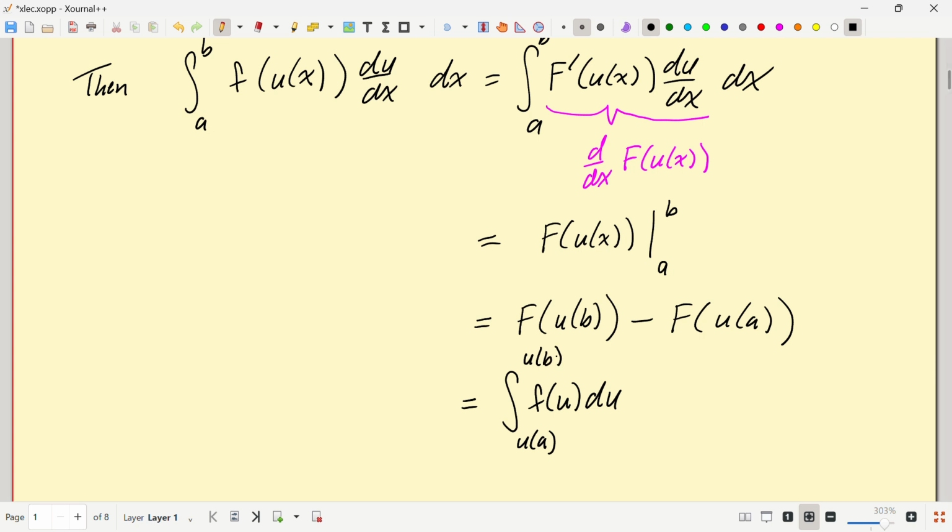Same thing. Check. So we use the fundamental theorem of calculus 2 times there. Anyway, that's a careful demonstration of that fact. Questions about that?